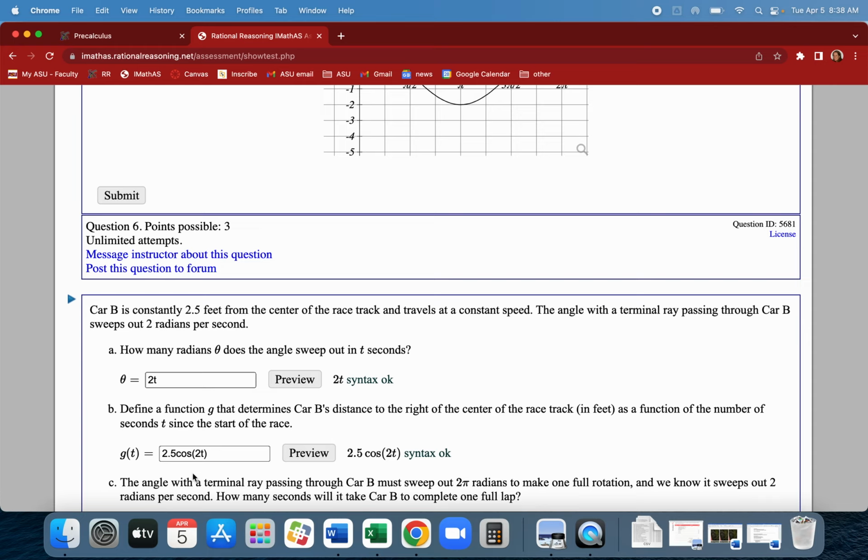Another way to think of that, 1 foot is how many radius lengths? If I know how many radius lengths 1 foot is, then I know how many radians this travels through every second. So the answer to both of these questions is the same number. What number is that?